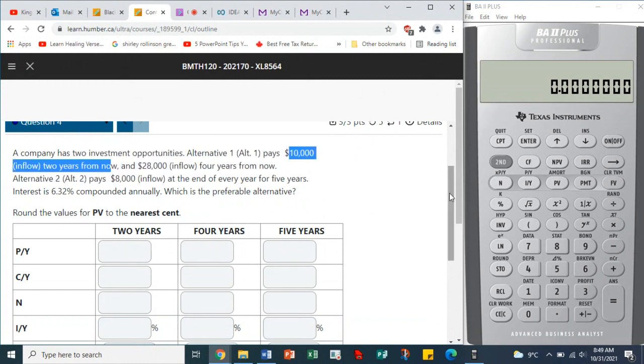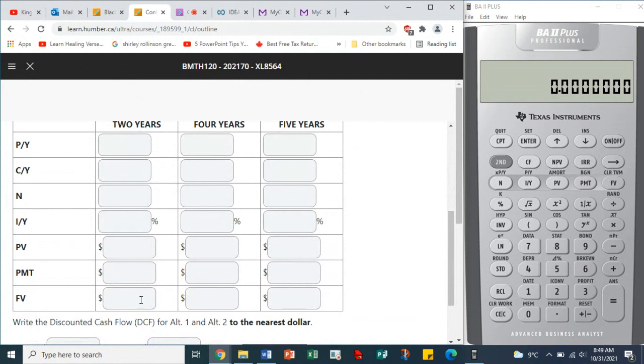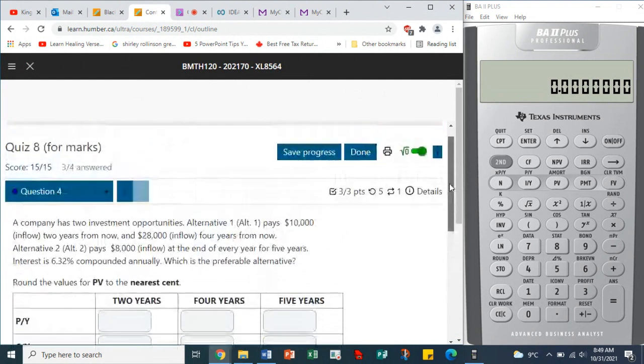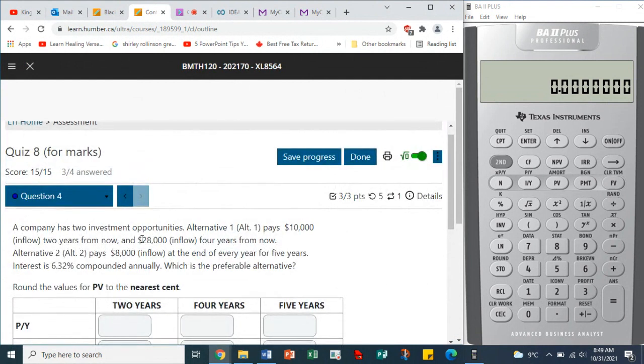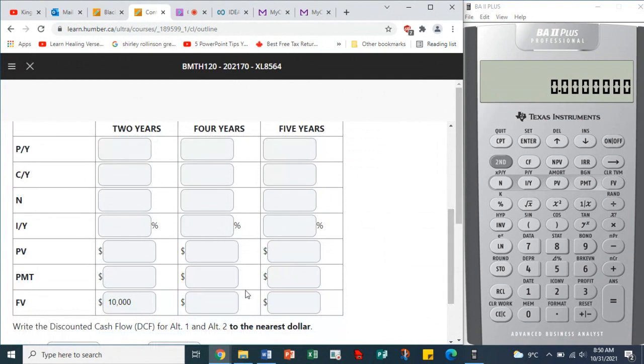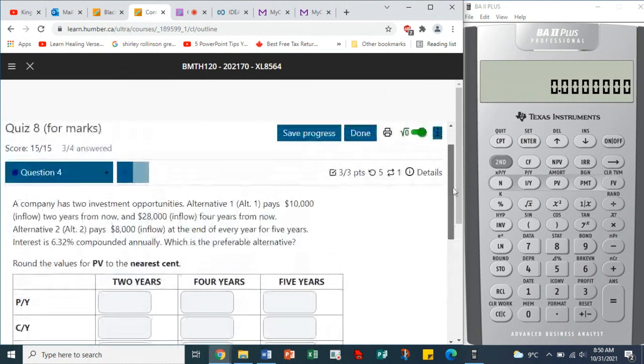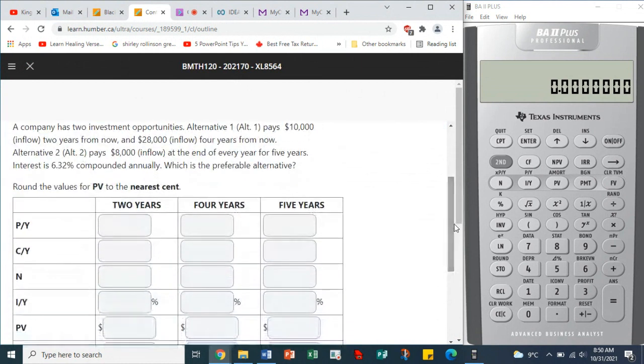So that would go in here as the future value, $10,000. And it also pays $28,000 4 years from now. So that's the future value also, $28,000. All right.